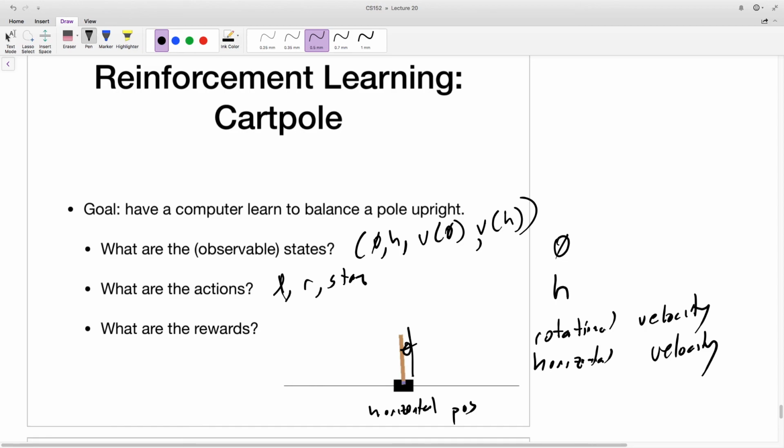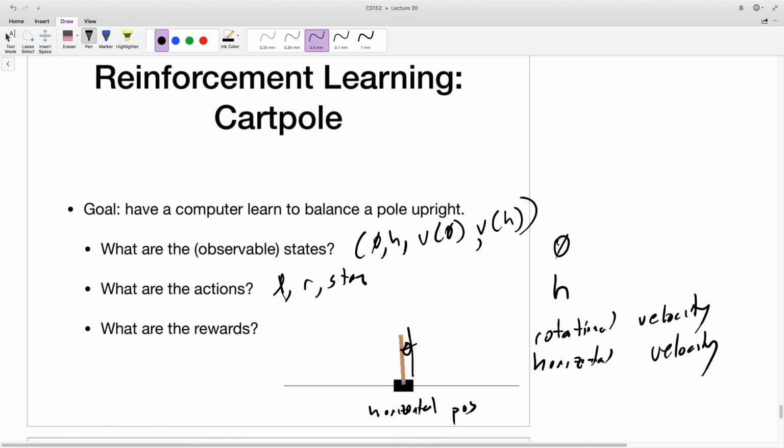I could have high rotational velocity and I'm still, in some sense, balancing it. If the theta is too big, certainly if the theta is 180, we could say we're done. Or if we go off the edge, we could say we're done. So in that case, we'll say it's over.